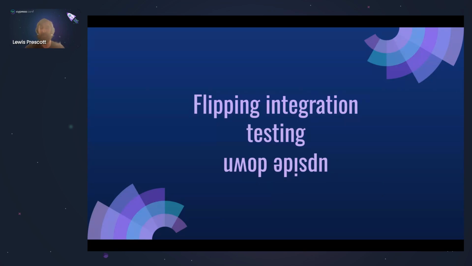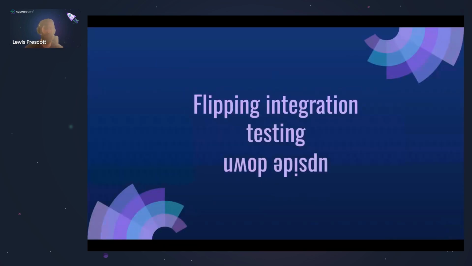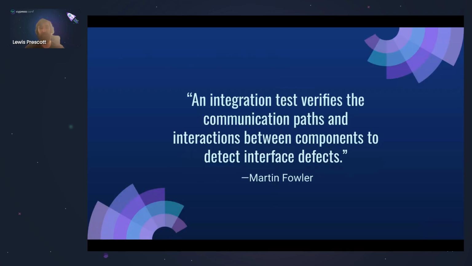So the way that I like to describe it is we are flipping integration testing upside down. And so what do I mean by that? Contract testing is a way that you can test your integration points at the boundaries. So we are having that definition that we talked about from Martin Fowler.